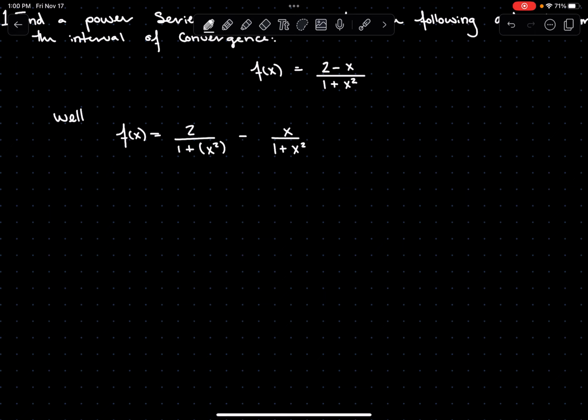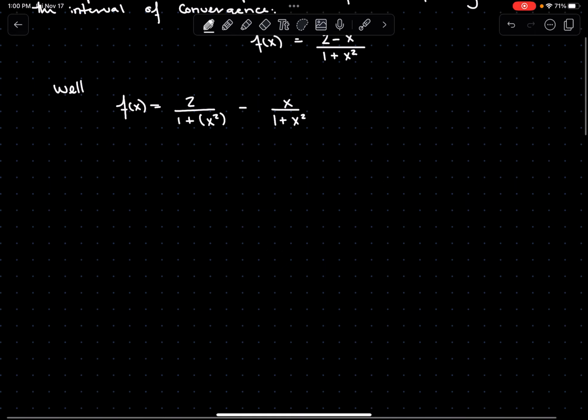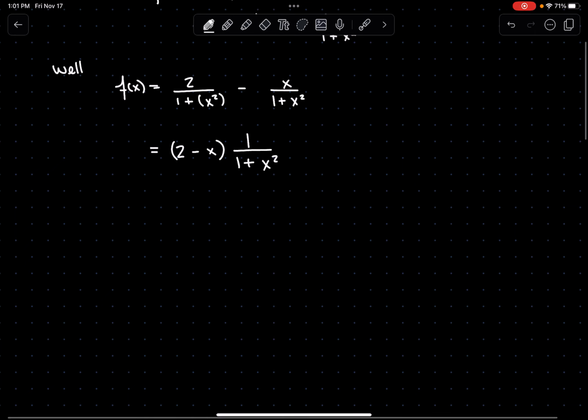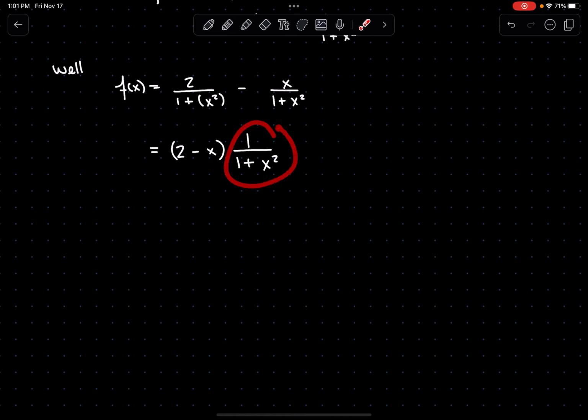We could also write this as 2 minus x times 1 over 1 plus x squared. In fact, I'm going to do this because I think it will save me a few steps. I want to rewrite this to look more like 1 over 1 minus something. So I have 2 minus x.